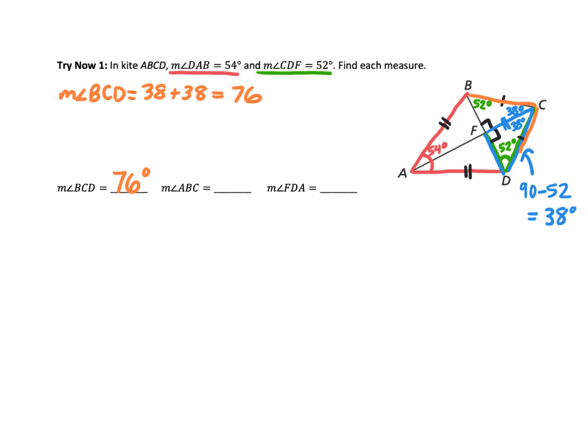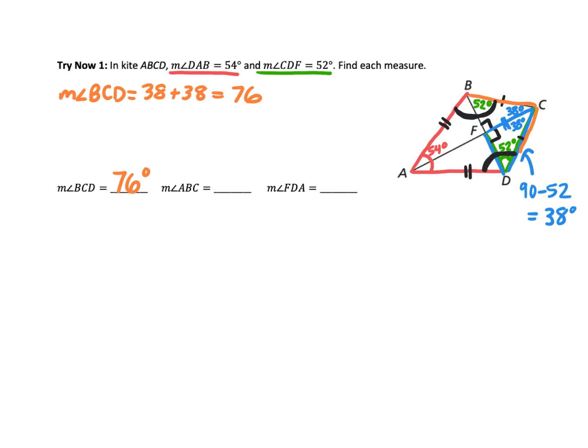Next, let's look at the measure of angle ABC. That is this big angle right here. There's definitely more than one way that we could figure out this answer, but one thing that we do know is in a kite, the angles that are right here, the non-vertex angles, those are congruent.